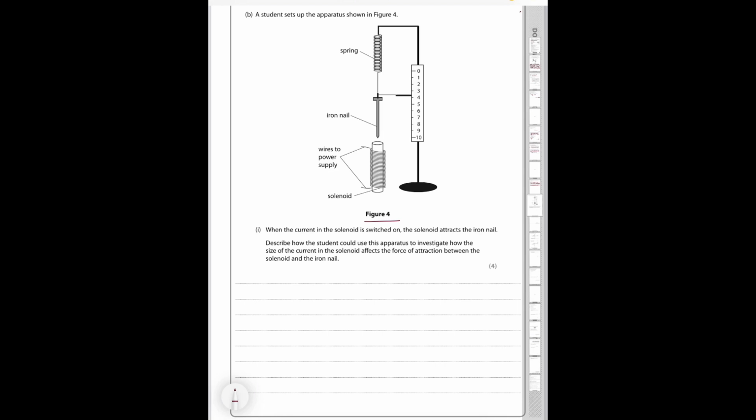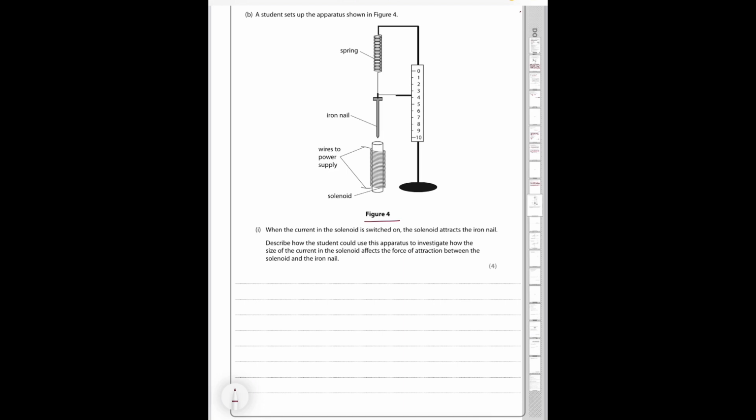So the first thing the student would do is note the position of the pointer before there's any current going into the solenoid. They would then use an ammeter to measure the current going into the solenoid when it's switched on. So they switch it on and write down the reading on the ammeter to know what the current is.